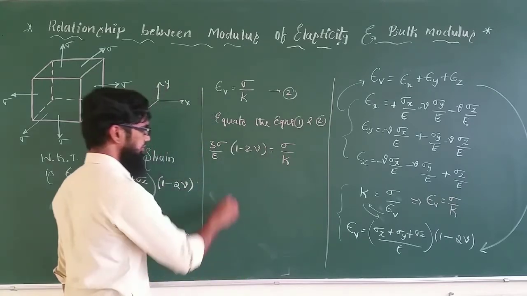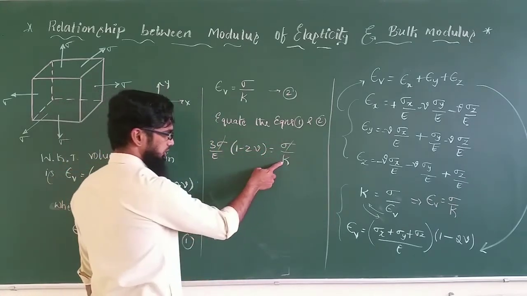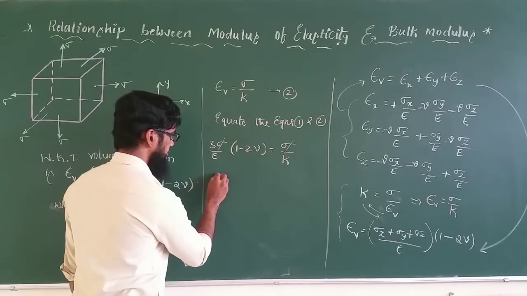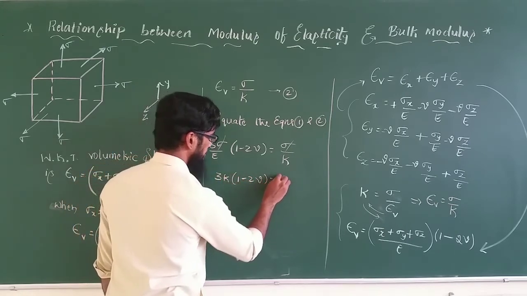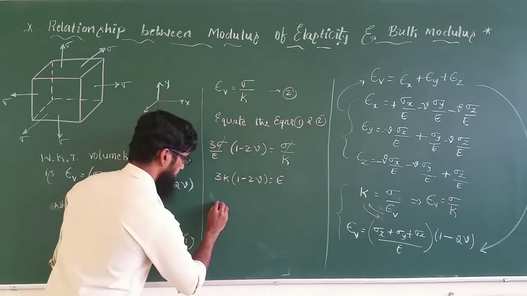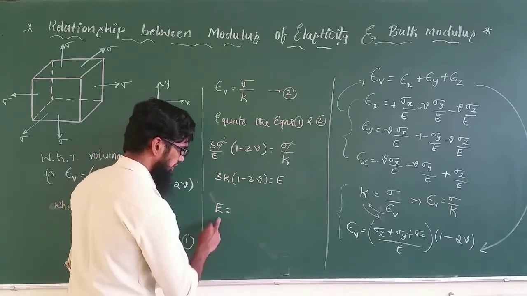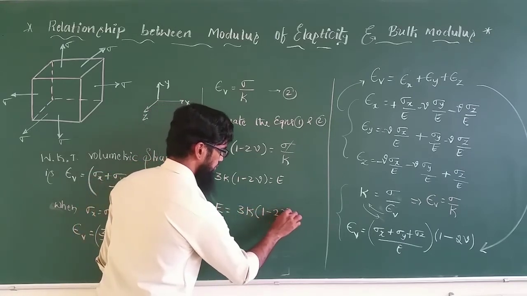Now from this equation the sigma gets cancelled, the remaining terms are, you just cross multiply this k to the left hand side and E to the right hand side, it becomes 3k into (1 minus 2 nu) is equal to E. Therefore we can represent the relation between the Young's modulus and the bulk modulus as E is equal to 3k into (1 minus 2 nu).